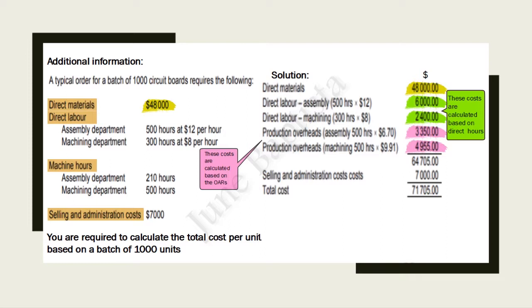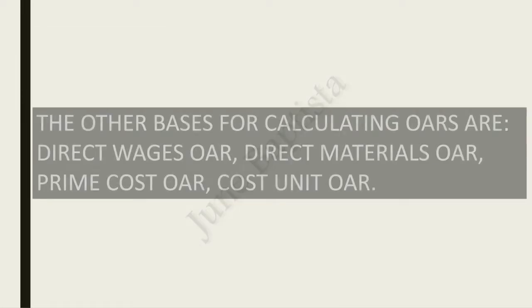Total all that up and add selling and administration costs to get a total cost of $71,705. Dividing that by the number of units, you get the cost per unit of $7.17. There are other bases for calculating OERs apart from direct labor or direct machine hours.